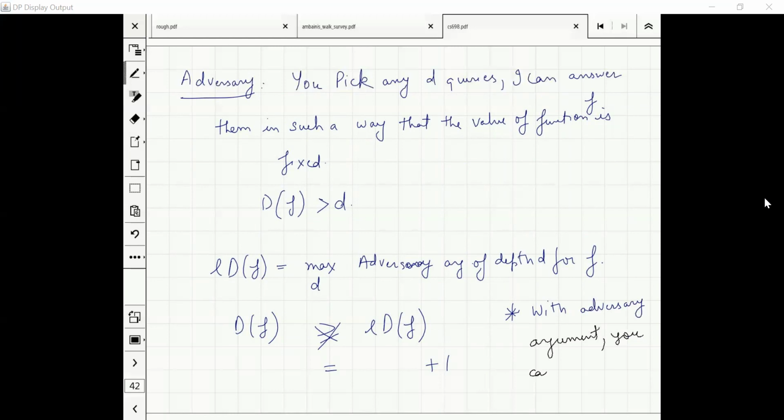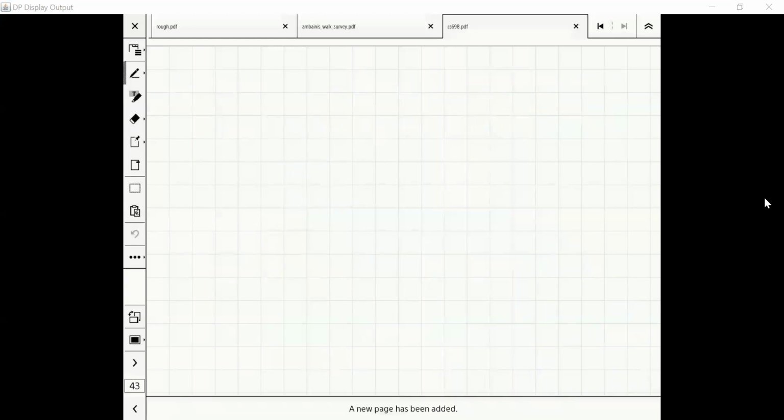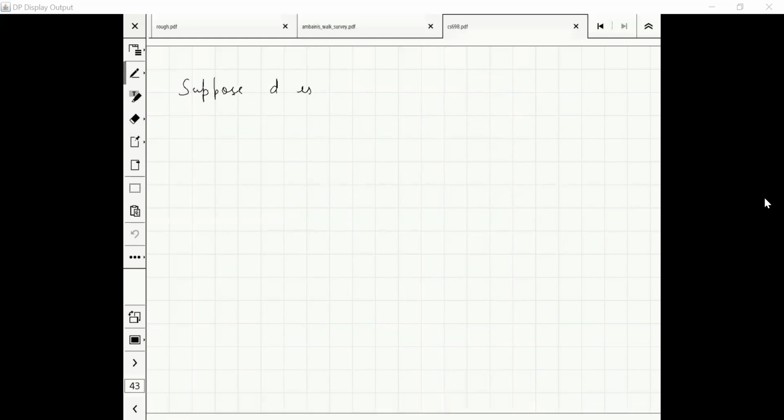How do you even prove something like that? Adversary argument is a kind of proof technique, right? So we are using that itself in a proof. Yes. So let me tell you this. Suppose D is the max number for which an adversary argument exists. Again, I have a function F in mind.